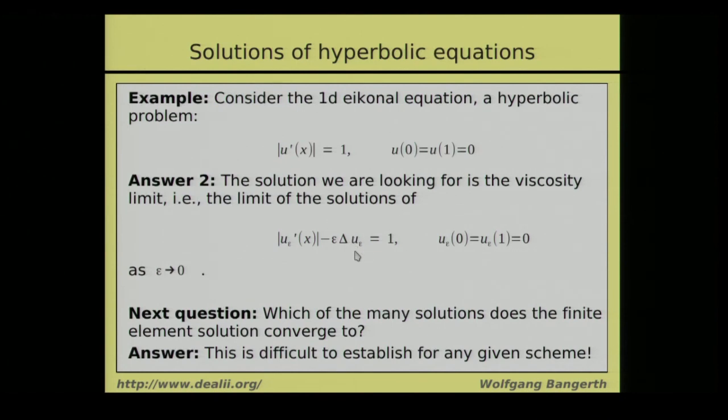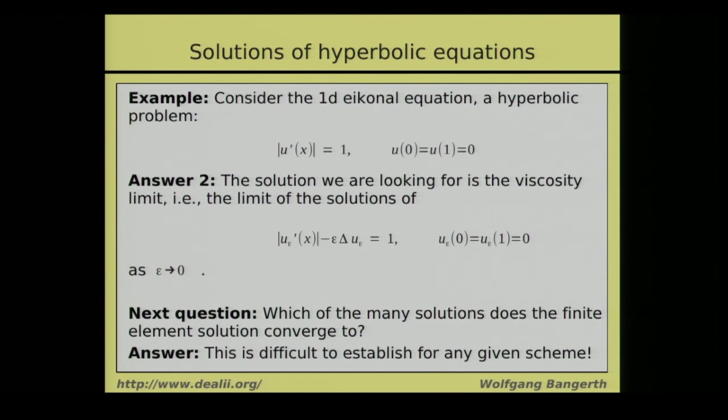If we discretize this, we get a discrete solution, let's say u h comma epsilon, that depends on the mesh size and on the size of epsilon. If I let h and epsilon go to 0, it will converge against something in some sense. Of course, it would be nice if it also converged to the viscosity solution.